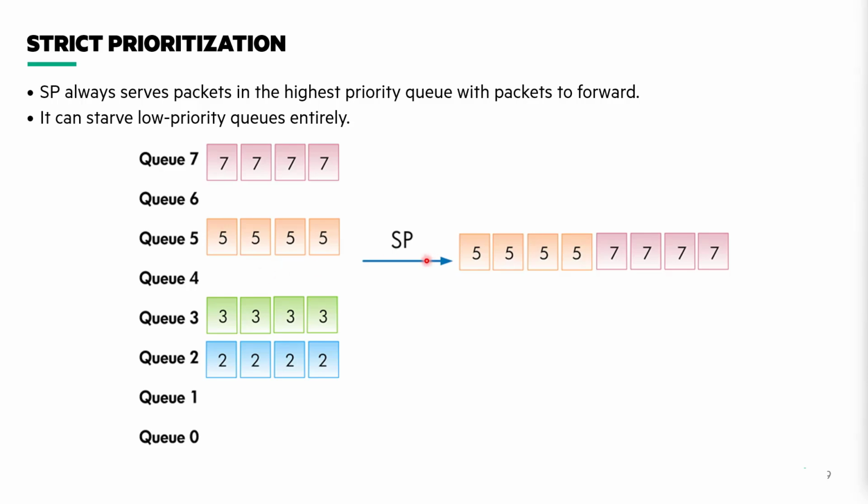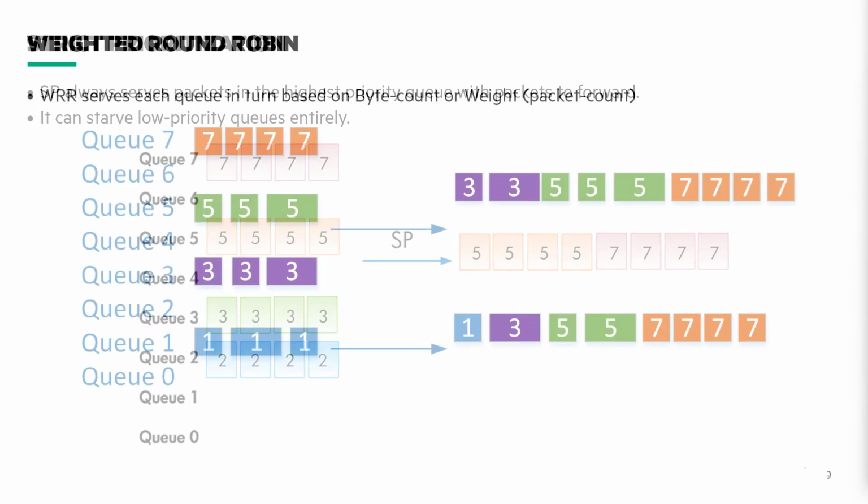So strict priority is I would serve every single packet in a high queue before I pay attention to the next one. That can lead to what's called queue starvation. So you might have a lot of drops, especially if you have a lot of high priority queue traffic, then you might lead to issues with lower priority queues.